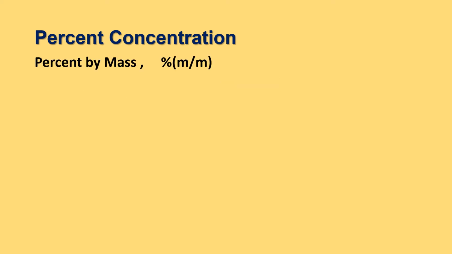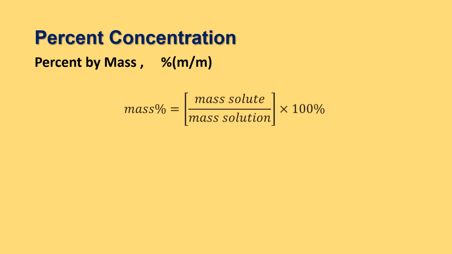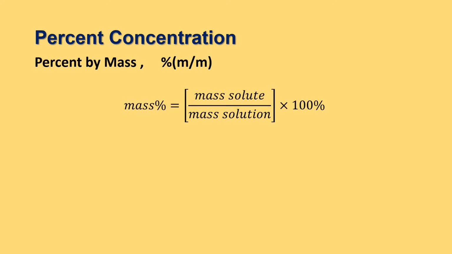Let us now talk about percent by mass, which is also the same as percent m over m. Percent by mass is equal to mass of solute over mass of solution times 100%. As you can see in our formula, it is the ratio of the amount of solute with respect to the amount of our solution in terms of mass.